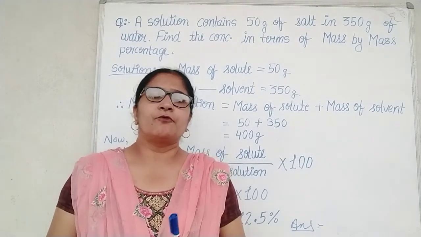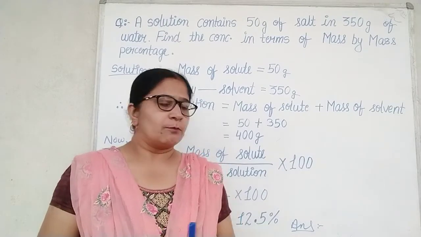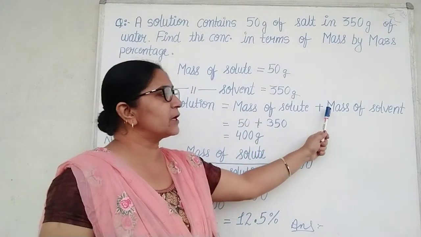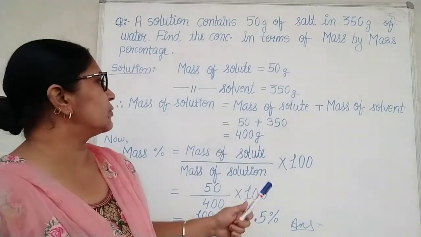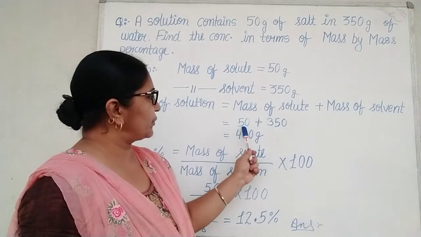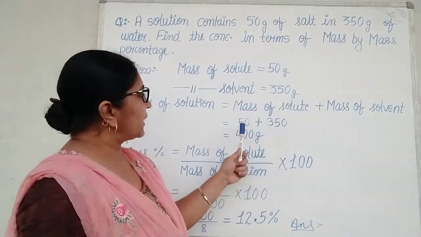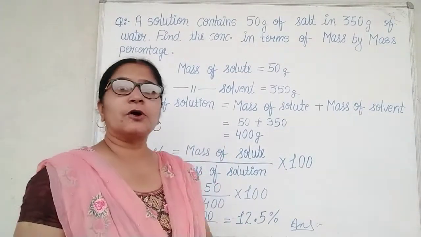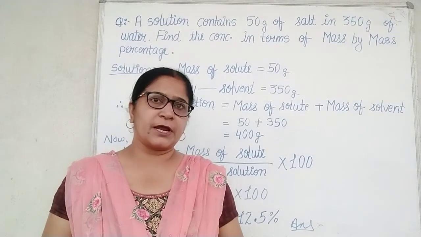So, first we will find the mass of solution. Mass of solution is equal to mass of solute plus mass of solvent. So, when we put the values, mass of solute 50 gram and mass of solvent 350 gram, we will get 400 gram. That is, mass of solution is 400 gram, right?